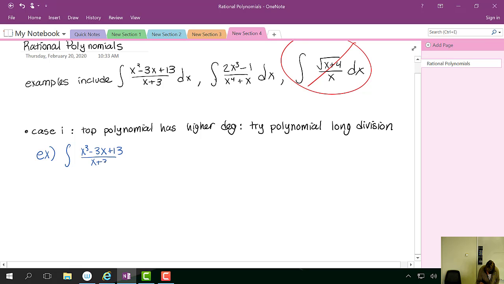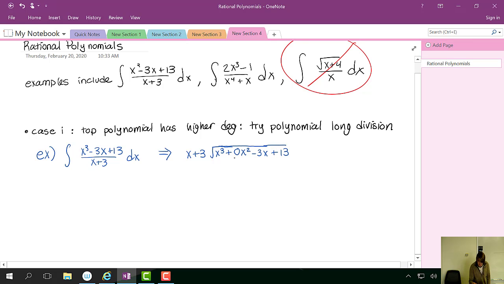So in this example, we'd have to divide what? X cubed minus 3x plus 13 by x plus 3. So we set that up. Remembering that it's helpful to backfill in the missing terms.